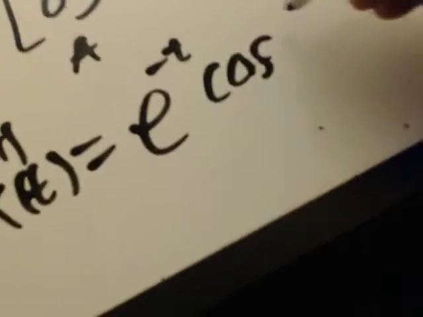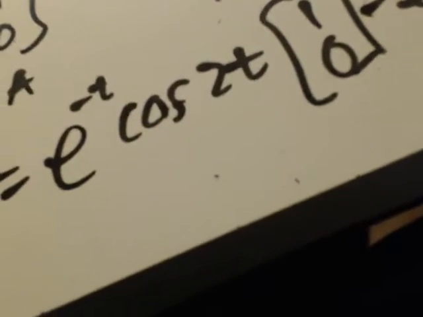So e to the negative t cosine of beta t, which is 2t, times vector A. Minus e to the negative t, because that still holds true, sine of 2t, times its vector, 0, negative 2.